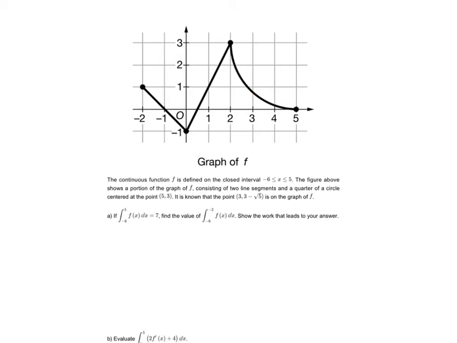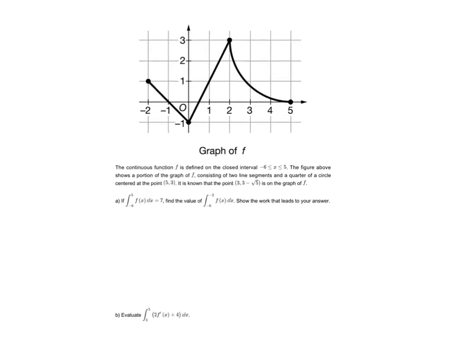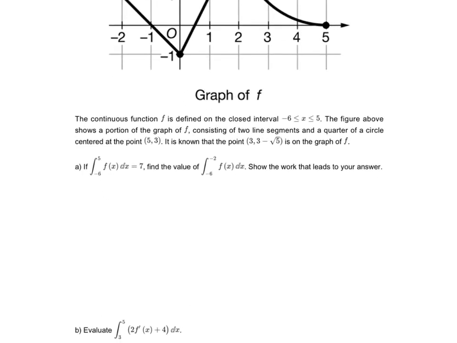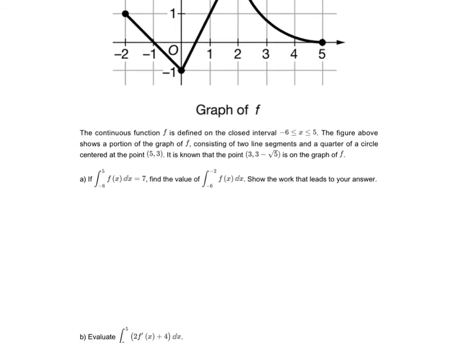Okay, if this equals 7, find the value of that. If you think about it, this is the area of the graph from -6 to 5, so that's all the area. This is the graph from -6 to 2.